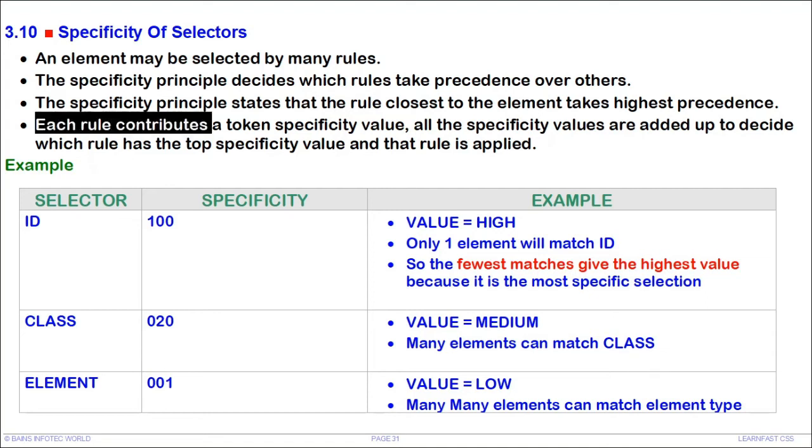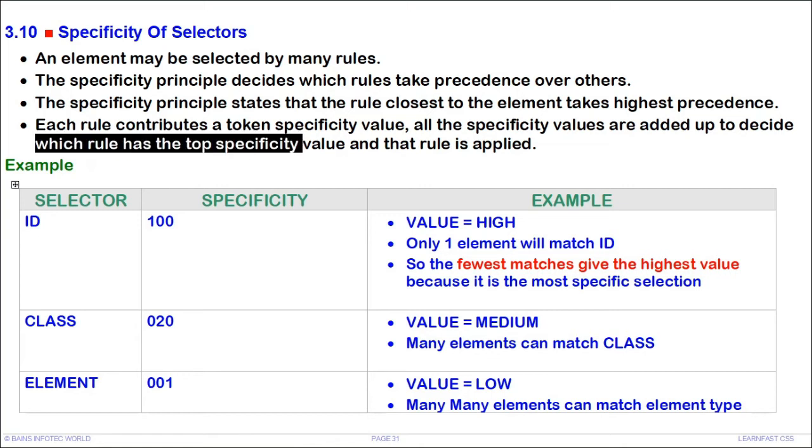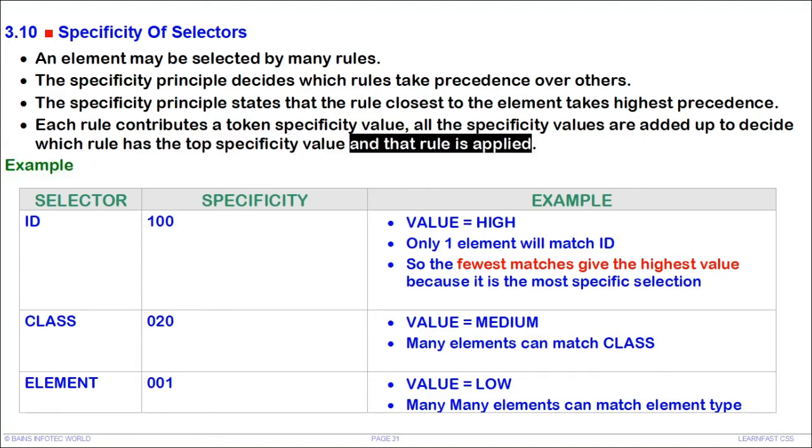Each rule contributes a token value, a specificity value. All the specificity values are added up to decide which rule has the top specificity value, and then that rule is applied.